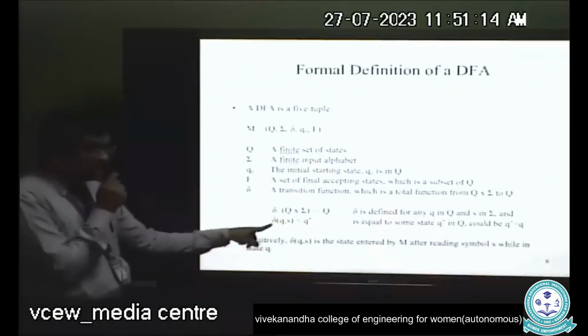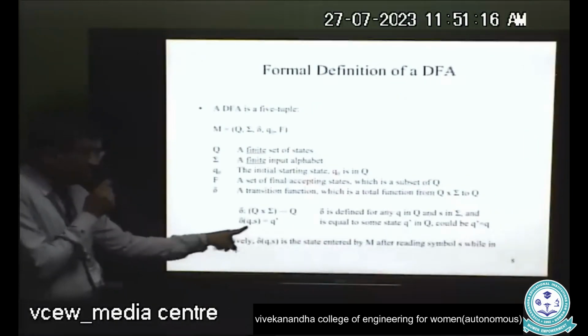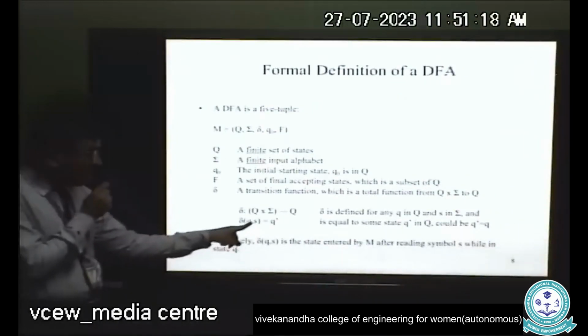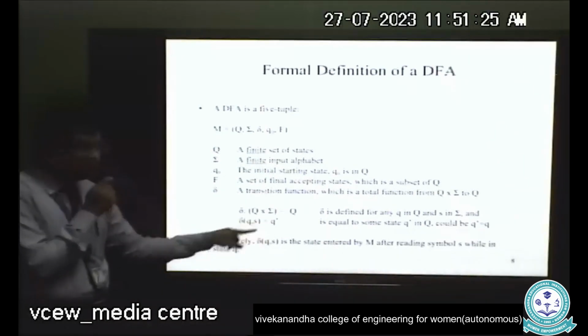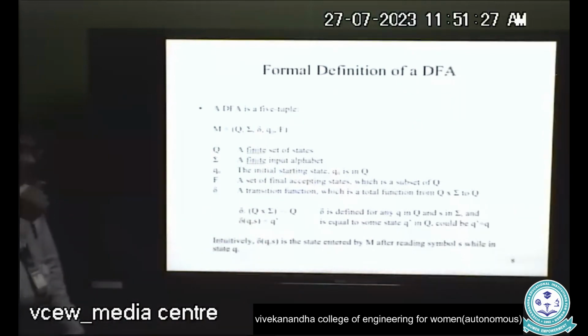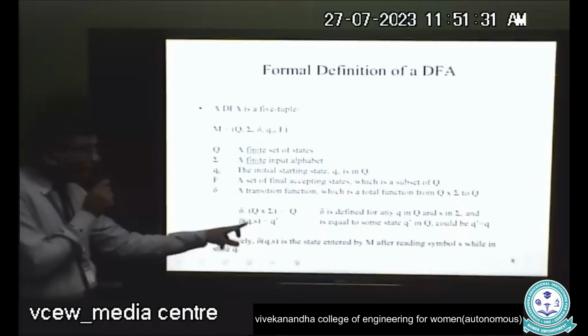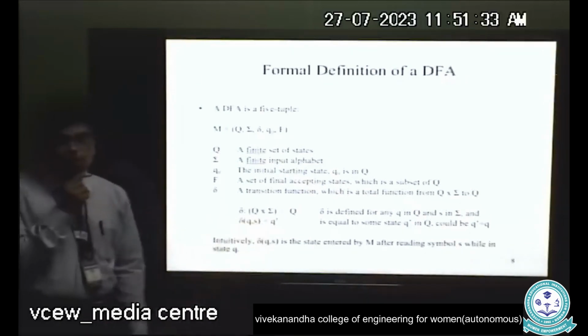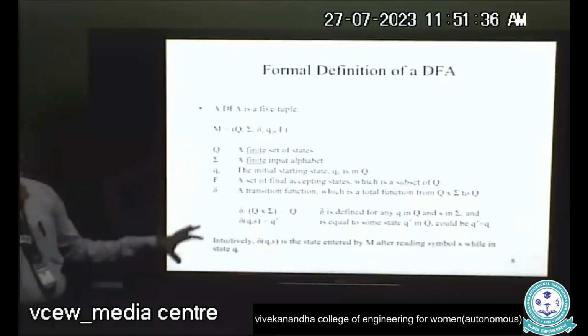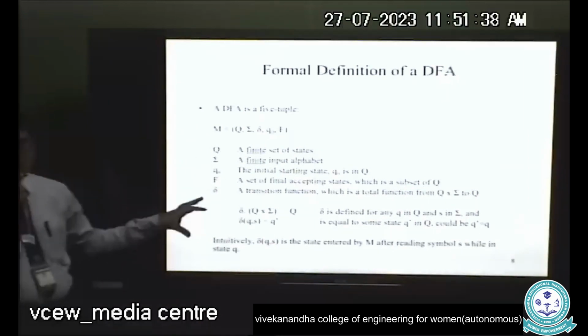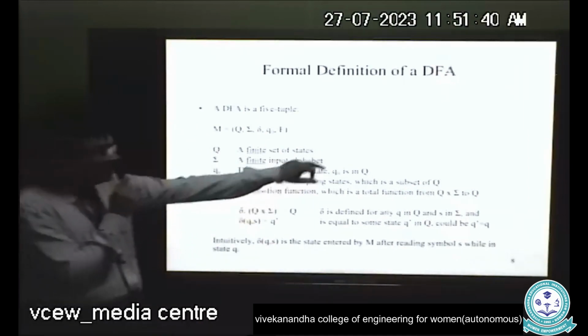This transition function consists of one state and one input symbol. So delta of Q on S produces the output Q dash, which means that reading an input symbol in one state produces one output state. This is the basic syntax and structure of a DFA transition.